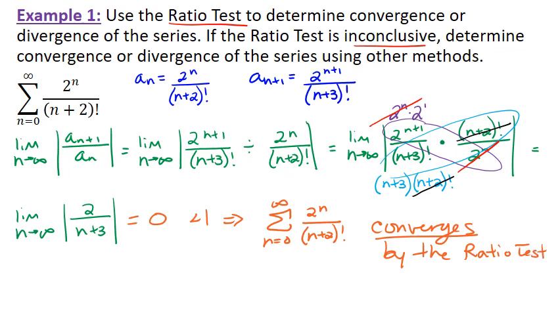And the ratio test is theorem 9.17. Okay, so not terrible, right?